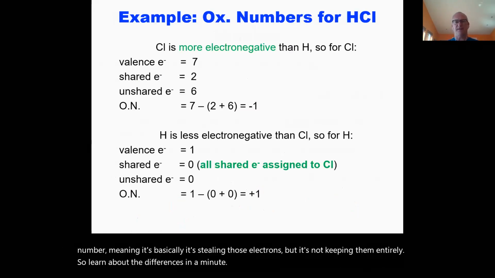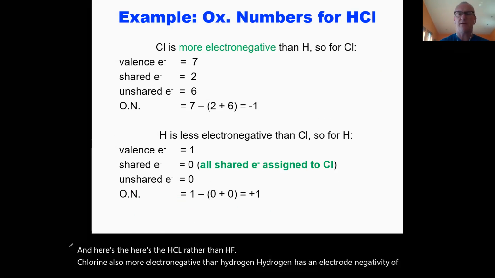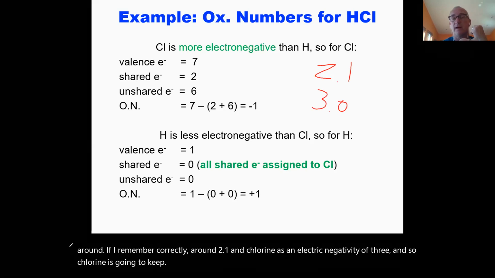And here's the HCl rather than HF. So chlorine, also more electronegative than hydrogen. Hydrogen has an electronegativity of around, if I remember correctly, 2.1. And chlorine has an electronegativity of 3. And so chlorine is going to keep more of those electrons.